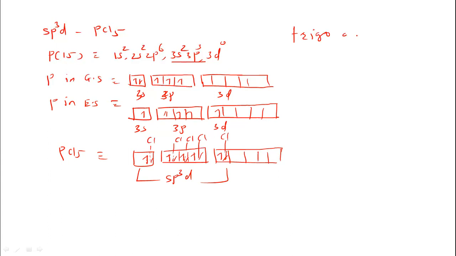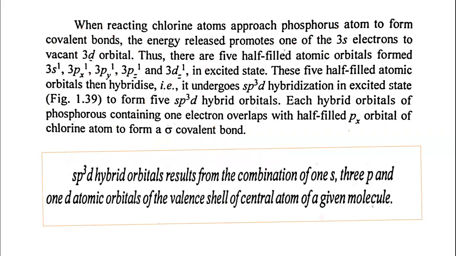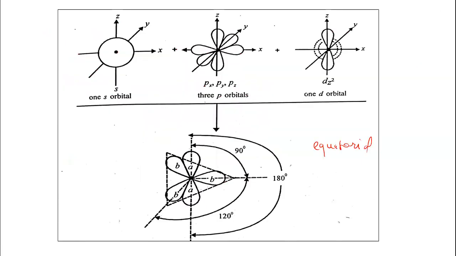Let us show this trigonal bipyramidal geometry. In this way, the phosphorus atom undergoes sp3d hybridization. There is a formation of 5 sp3d hybrid orbitals: the 1s orbital, the 3p orbitals and the dz square orbital combine. Some are along the axial position and some at the equatorial position.